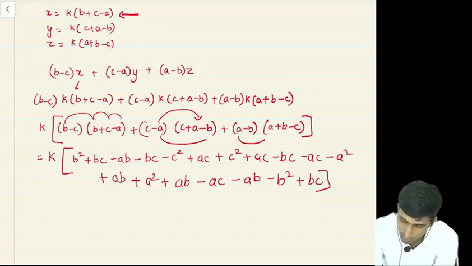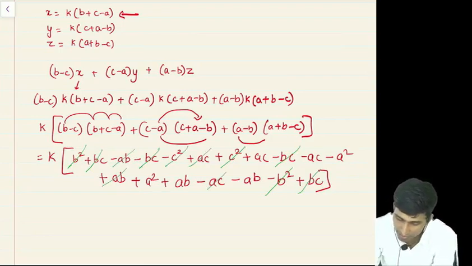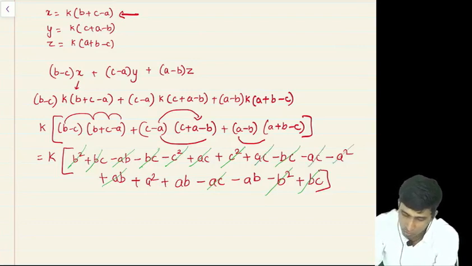One minute. b square plus b square minus, gone. bc plus bc minus, gone. bc minus bc plus, gone. c square minus c square plus, gone. Minus ab plus ab, gone. ac plus ac minus, gone. a square gone, ab gone.